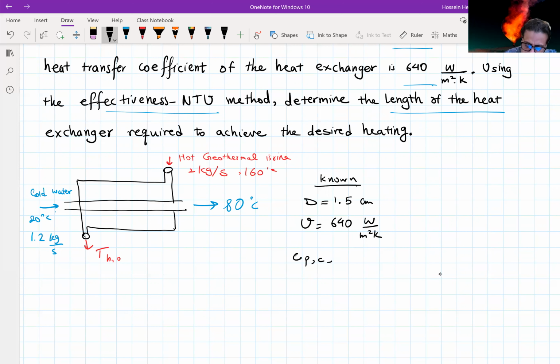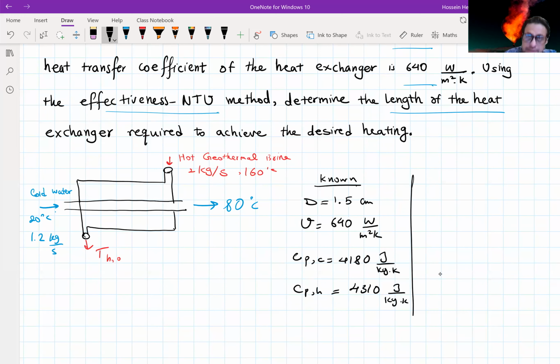So let's say Cp,c is 4180 joule per kilogram Kelvin, and Cp,h is 4310 joule per kilogram Kelvin.